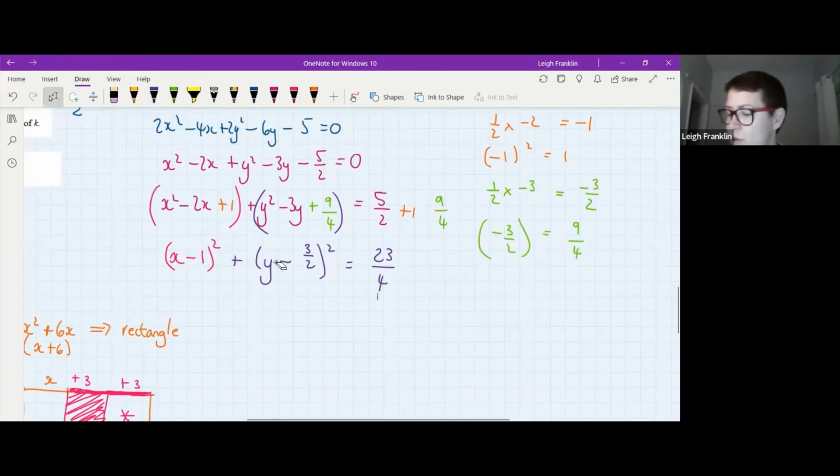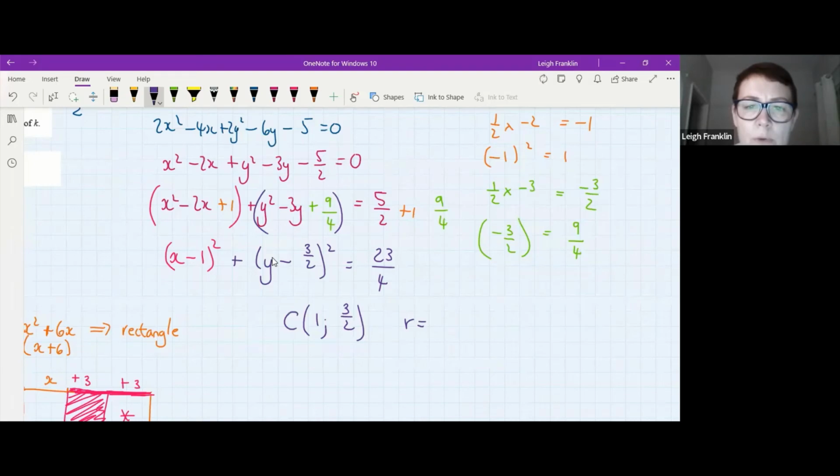And that's why you would have ended up with the coordinates of the center, like Kumo said, at 1 and 3 over 2, and a radius of, if you square rooted the whole thing, root 23 over 2, like so.